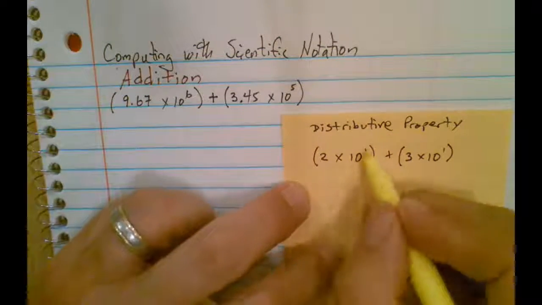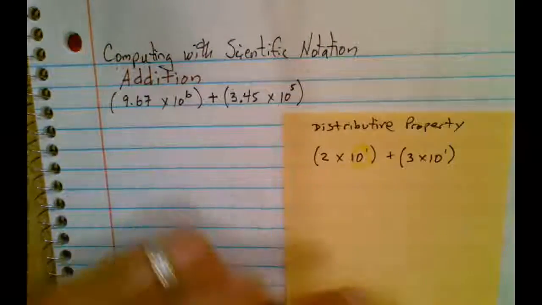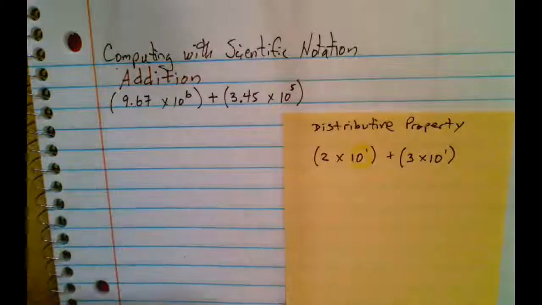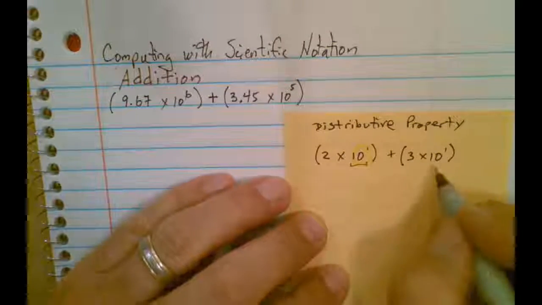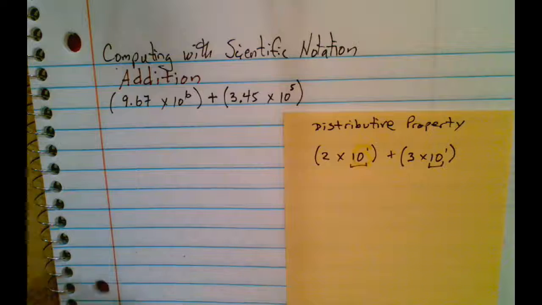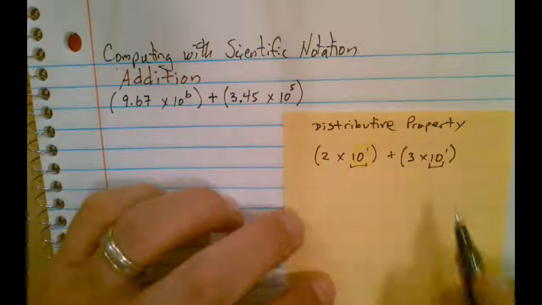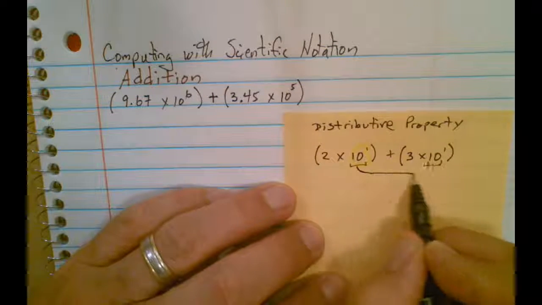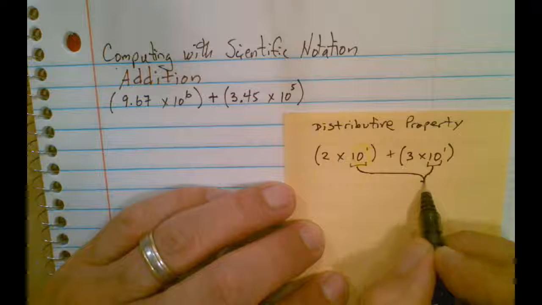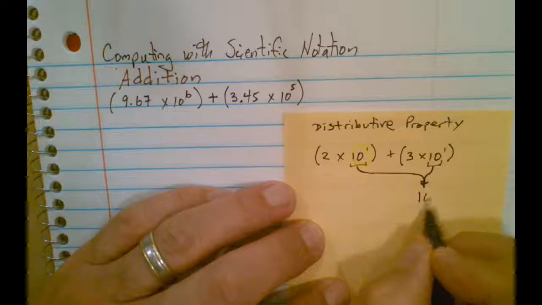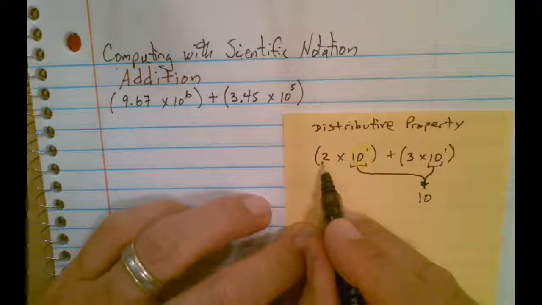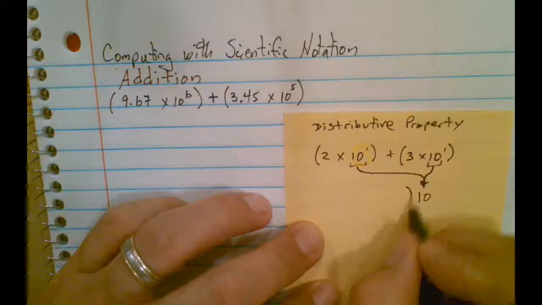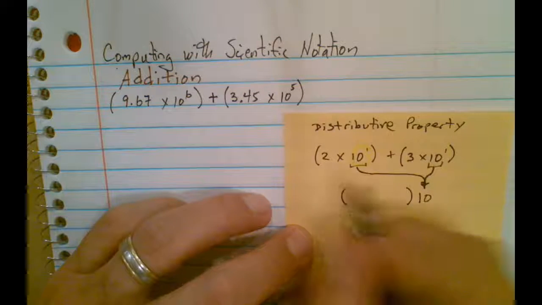I notice this part is exactly the same as this part, so I'm going to rewrite it. I'm going to factor out this 10, write it out here, and the rest of it, my 2 plus 3, I'm going to leave inside the parentheses.